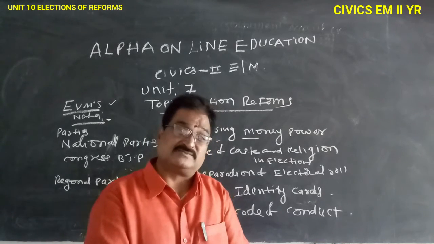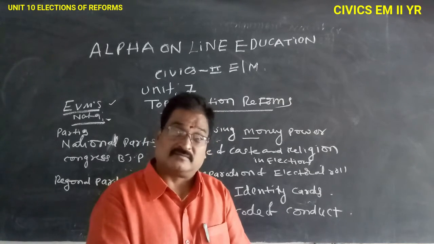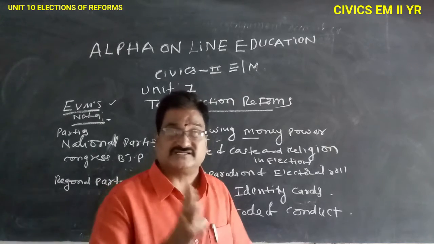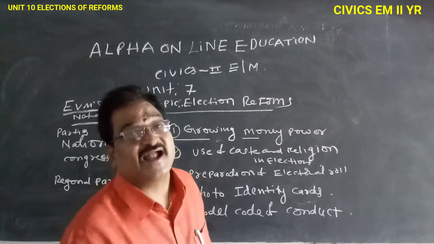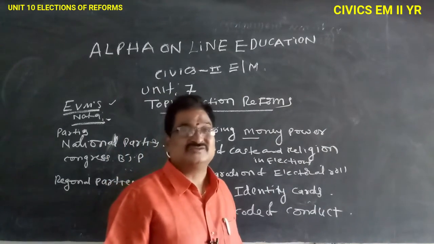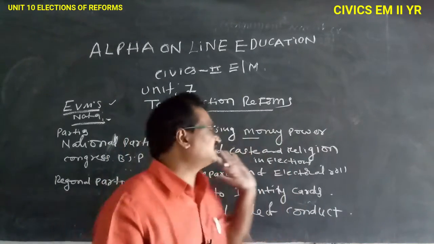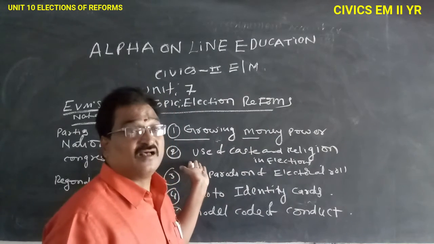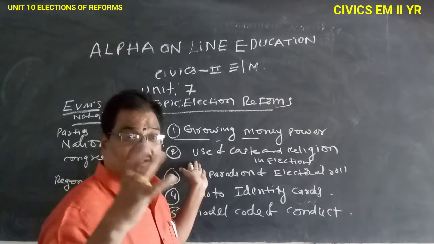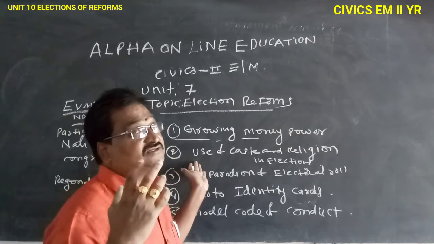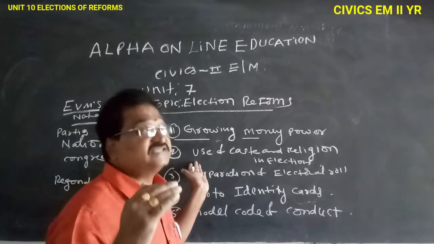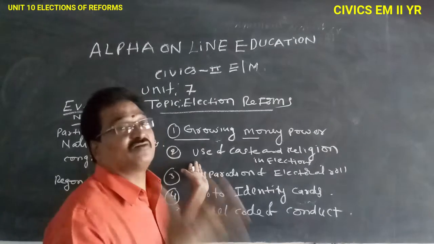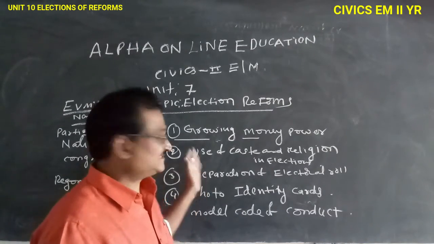Political parties mesmerize, they do not mesmerize, chestuntaru kani mesmerize kaadu. So the 5 years of life is in the hands of the people. The government appoints some committees, and they suggest some reforms for elections.